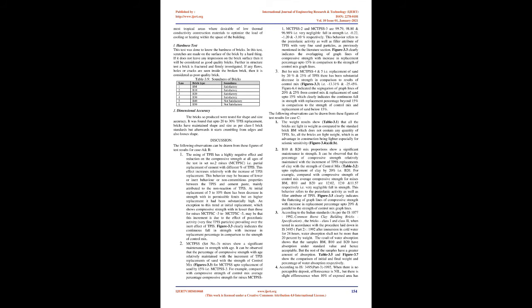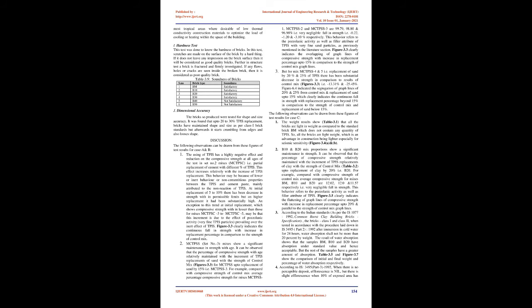It can be observed that the percentage of compressive strength relatively maintained with the increment of TPIS replacements of clay with the strength of control mix, table 3.2, up to replacement of clay by 20%, i.e. B20. For example, compared with compressive strength of control mix, average compressive strength for mixes BM, B10 and B20 are 12.02, 12.0, and 11.57 respectively, i.e. very negligible fall in strength.